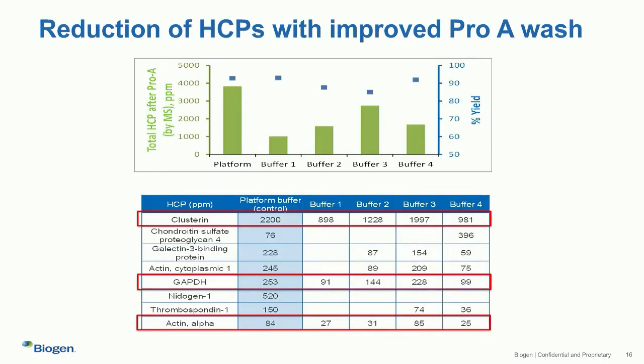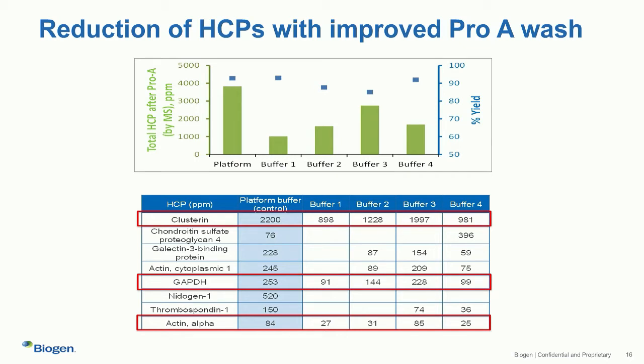If we look into the process, there are 3 major steps. The first step is we load the mixture of the mAb and host cell protein onto the Pro A column. Then we use a salt wash to try to get rid of as much host cell protein as possible. The third step is to elute the mAb using a low pH buffer.